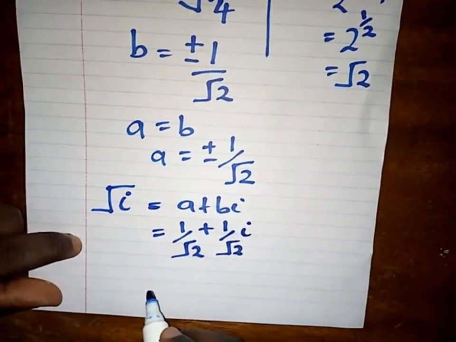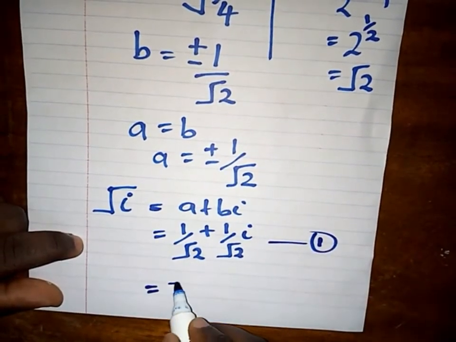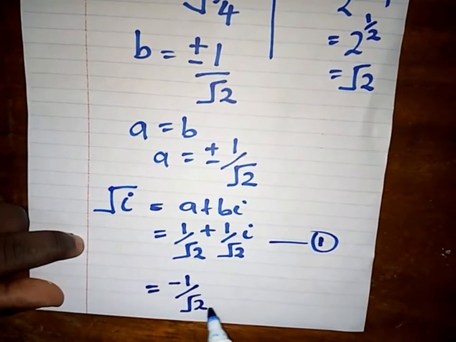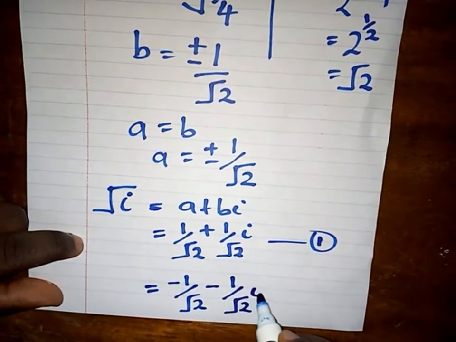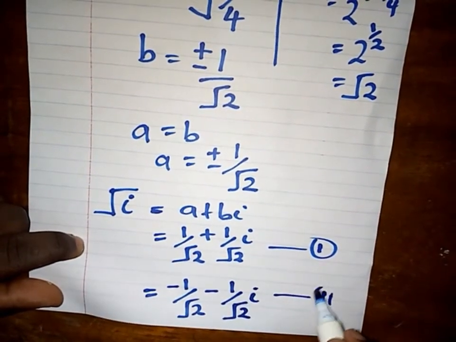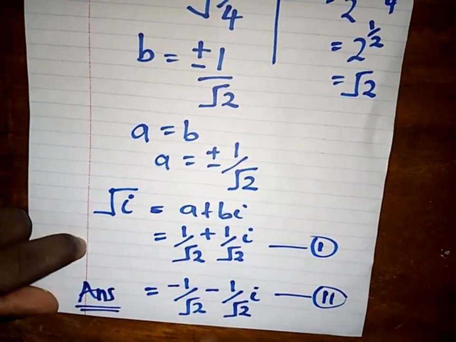And another one will be negative 1 out of root 2 minus 1 out of root 2 i. So this is my answer, this one and this one.